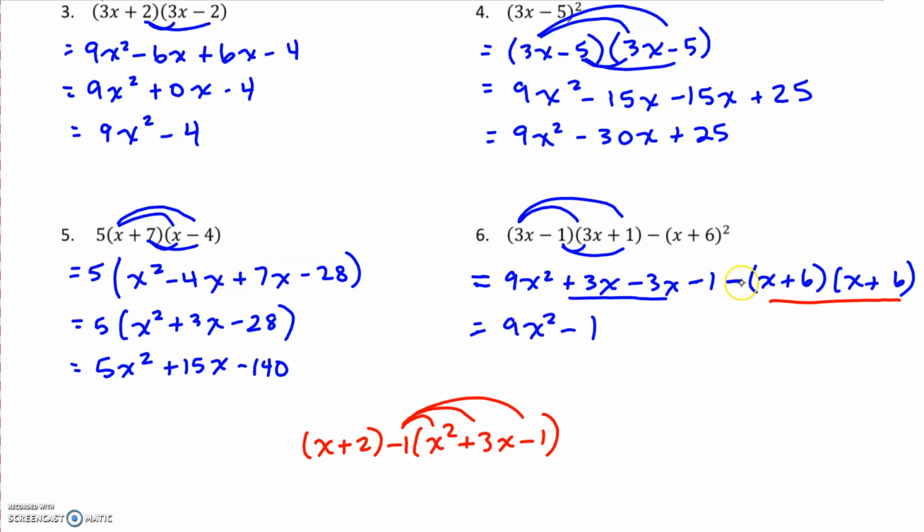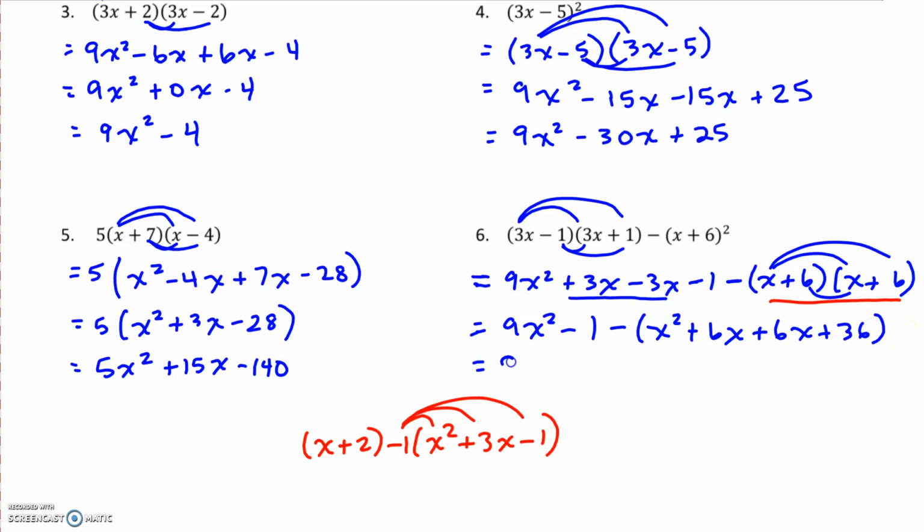So let's go ahead and show you. So there's my subtract. I put a bracket. And now x times x is x squared, x times 6 is 6x, 6 times x is 6x, and then 6 times 6 will be 36.